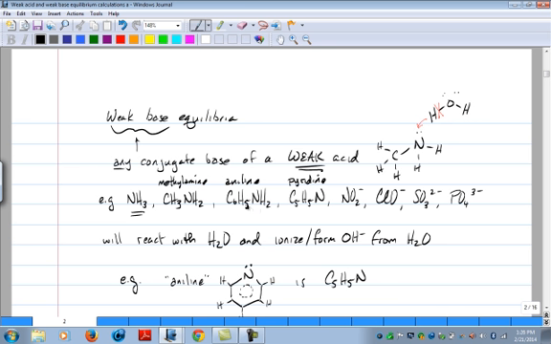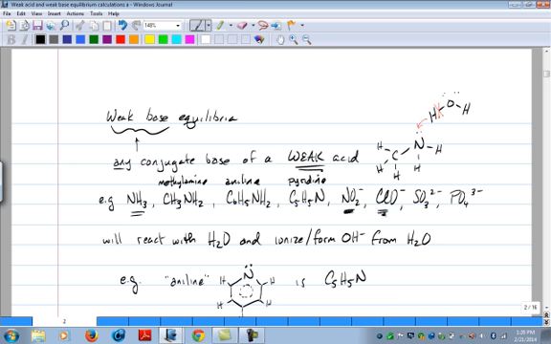The conjugate acid of aniline, for example, would be anilinium cation, and the conjugate acid of pyridine would be pyridinium cation. So usually the name of the acid compared to the base will either end in inium or onium. Other conjugate bases of weak acids: the weak acid nitrous acid has its conjugate base of nitrite.